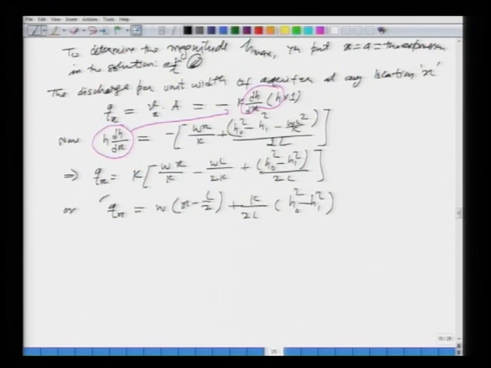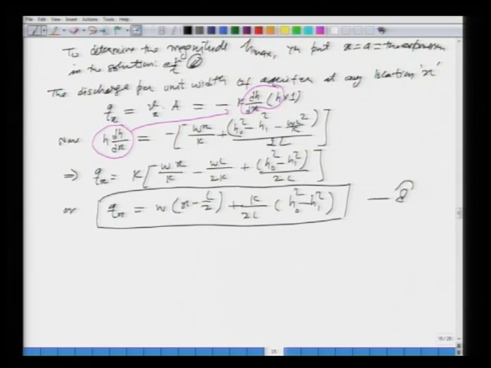So, this is the equation for finding the discharge per unit width of the unconfined aquifer at any location x. I am going to number this equation as 8.